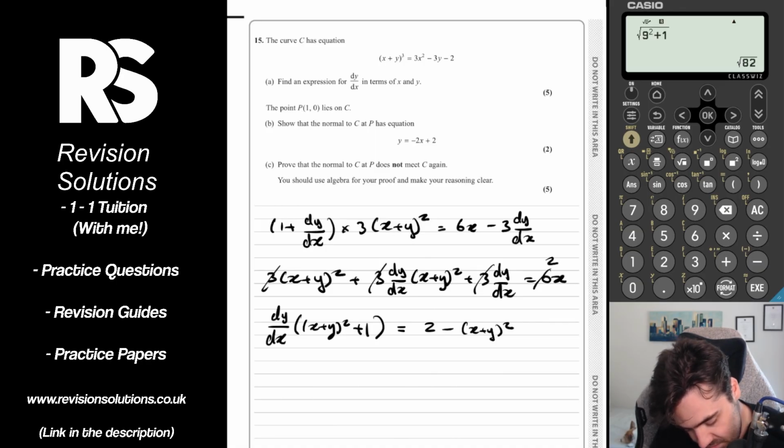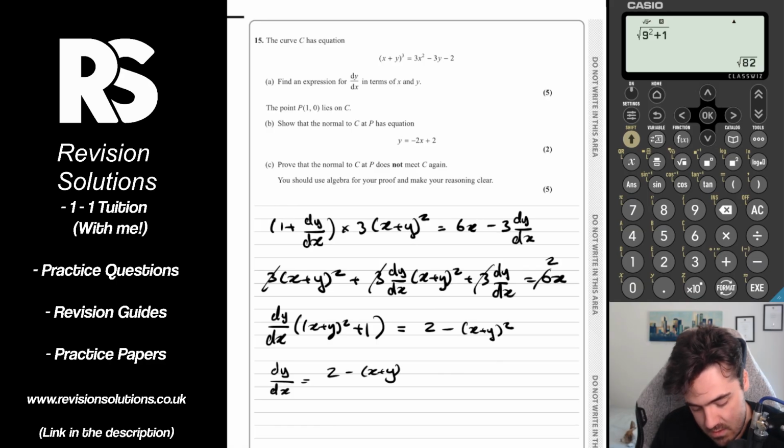Then we just need to divide. So dy by dx equals 2 minus (x plus y) all squared over (x plus y) squared plus 1.